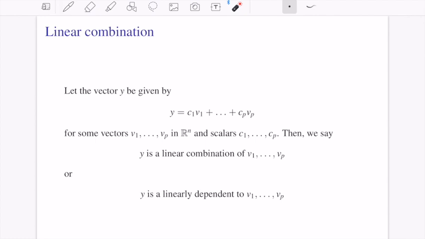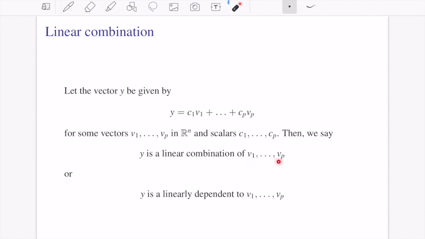He knows how to move in the v1 direction and how to move in the vp direction. And the villain, or the enemy, is at the position y. So the goal is that Spider-Man wants to catch this villain by using his moving skill set.